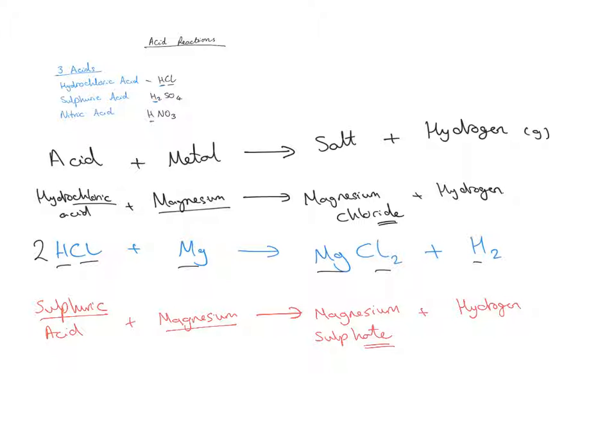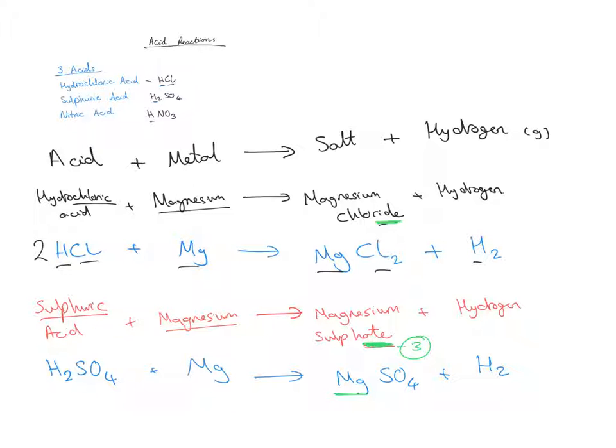So again, the best way to kind of go through this is by looking at the symbols involved. So sulfuric acid is H2SO4, add magnesium, makes magnesium sulfate and hydrogen. This is actually balanced already, so I don't need to balance this. But the question is, why is this called magnesium chloride and this called magnesium sulfate? Well, the difference, hopefully you can see, is the ide has 2 parts, magnesium and chlorine, and the ate actually has 3 parts.